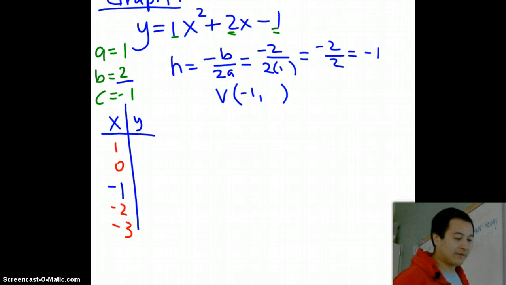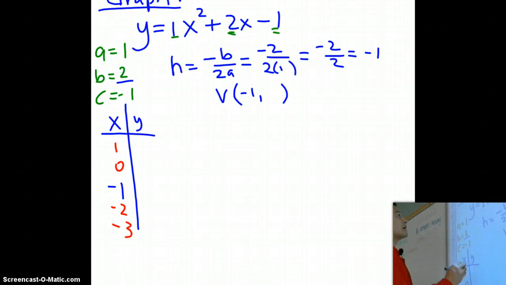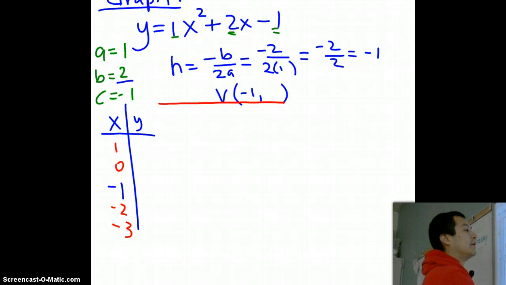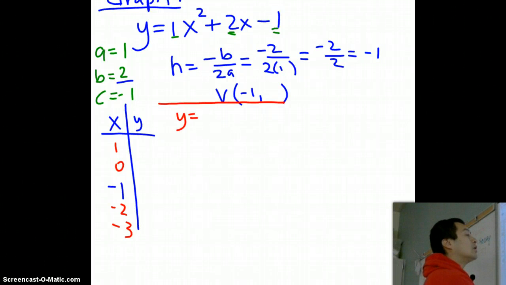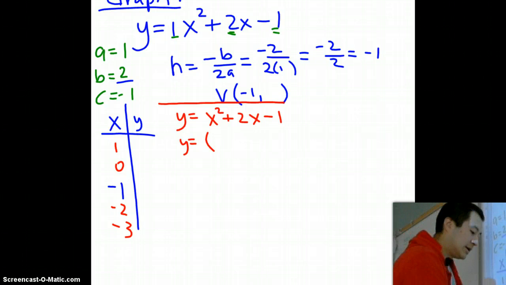I'm going to plug in a couple of them for you. First of all, I think you want me to plug in the negative. Take a look. My equation is y equals x squared plus 2x minus 1. Let's do negative 3.